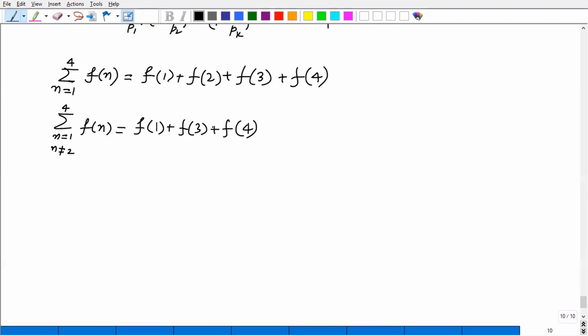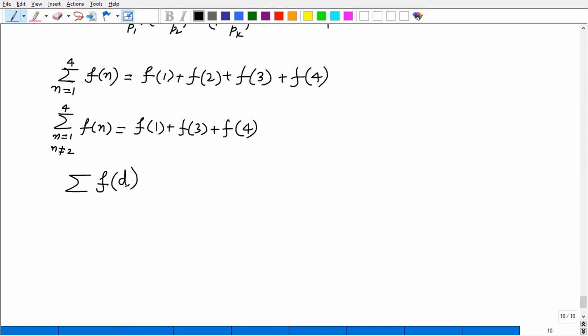Okay. But now the sum that I am showing here is a little bit different. So I'm showing here a summation sign. Okay. And here, for example, we have d. So here n runs through 1 to 4 and here n runs through 1 to 4, but excluding 2.